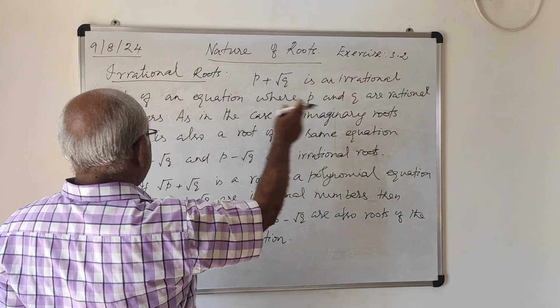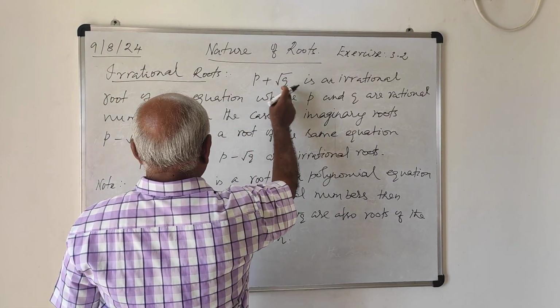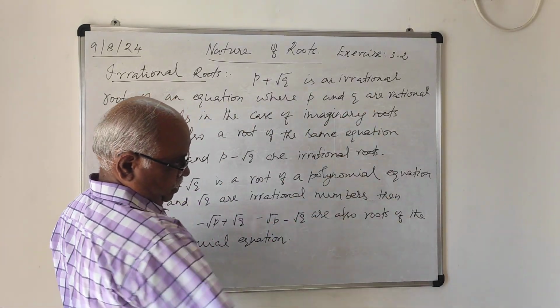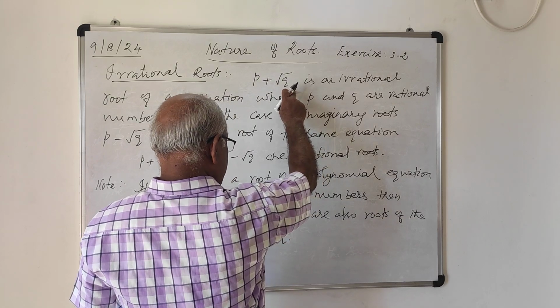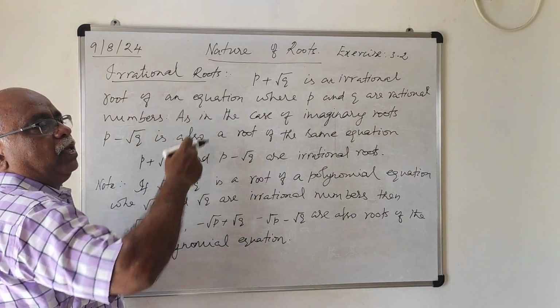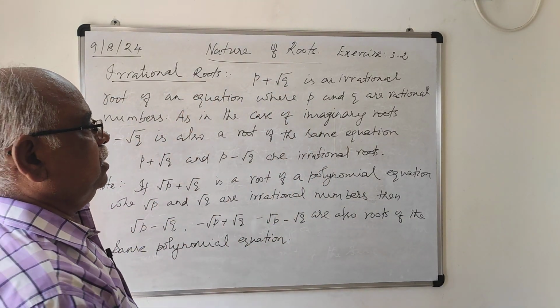As in the case of imaginary roots, p minus root q is also a root of the same equation. If p plus root q is an irrational root of an equation, then p minus root q is also a root of the same equation.